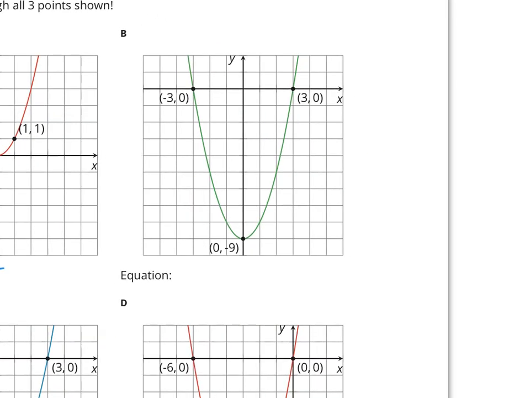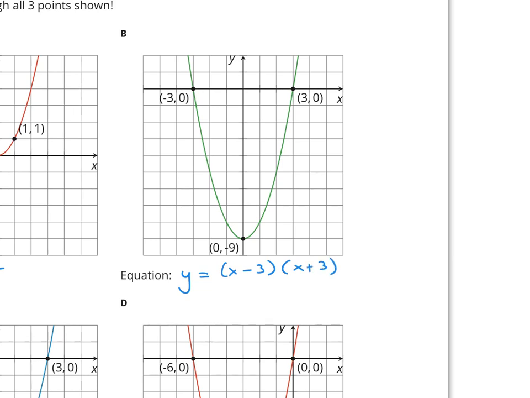Okay, for B, a couple things that I've noticed is that it is a shift straight down. I notice that my x-intercepts are +3 and -3. So there's a couple of different ways I can look at this. If I take just the x-intercepts, I could say my equation is (x minus 3) times (x plus 3).